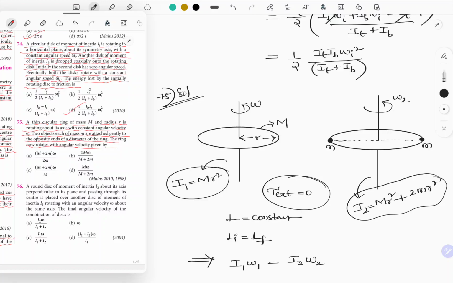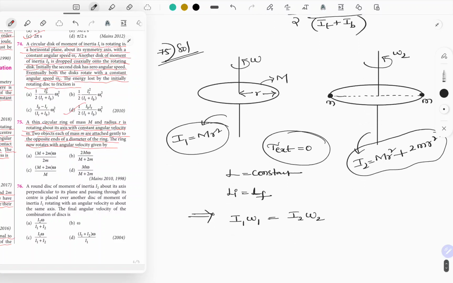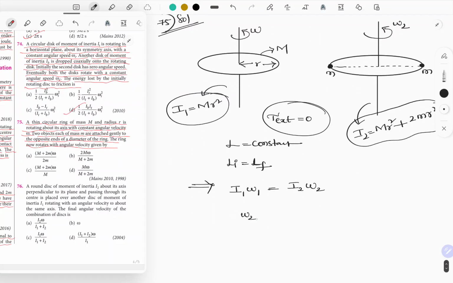Very good. So let's represent that. So from this, what is omega 2? Omega 2 is equal to I1 omega 1 divided by I2. So what is I1? I1 is mr square. Omega 1 is omega.